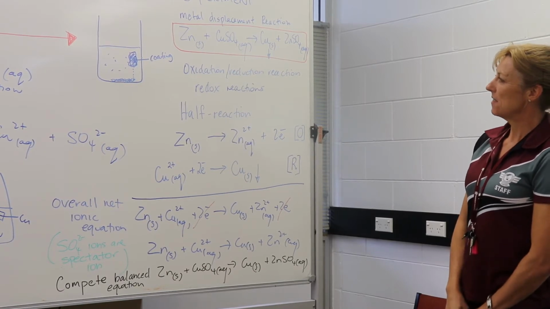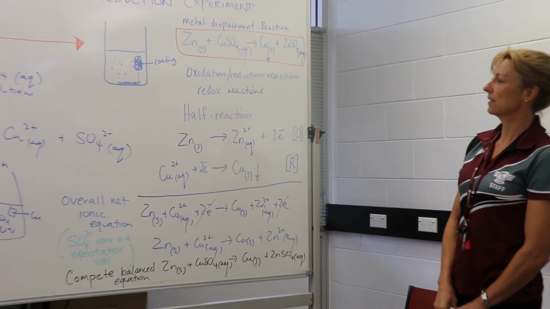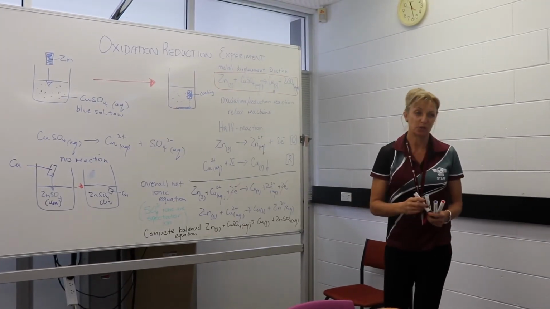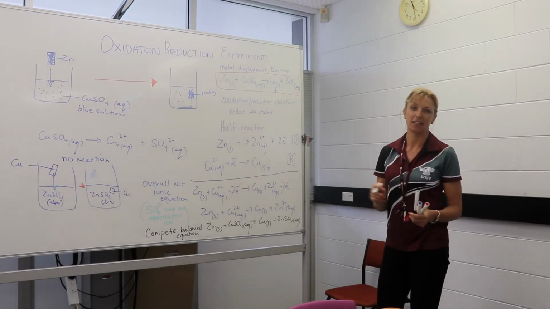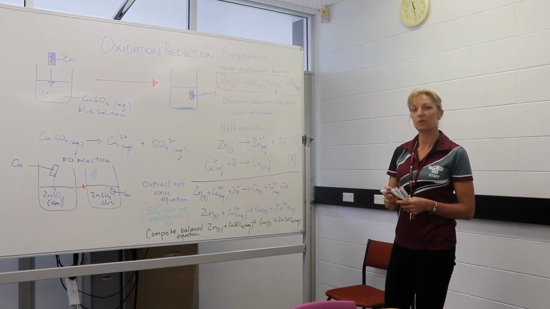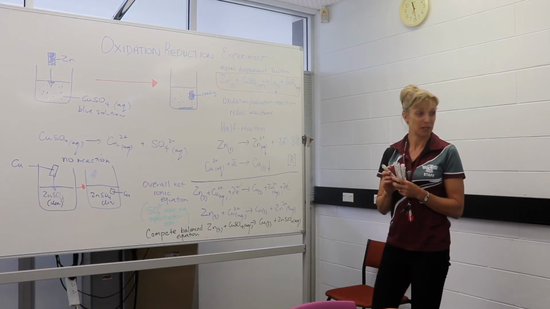So that is what an oxidation reduction reaction is. And to help students remember, there's a little shortcut. What do you call those words that help you remember things? An acronym, thank you.